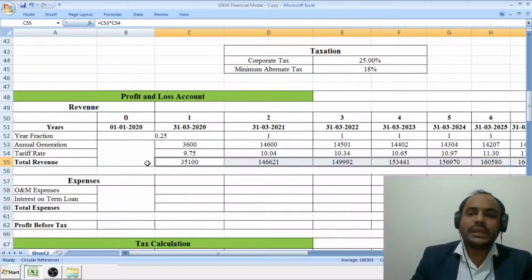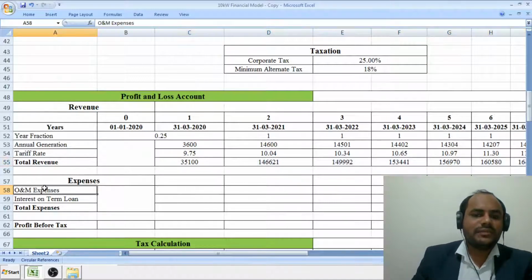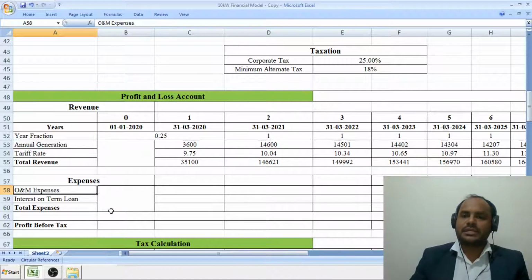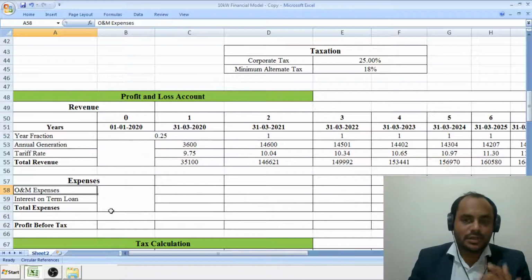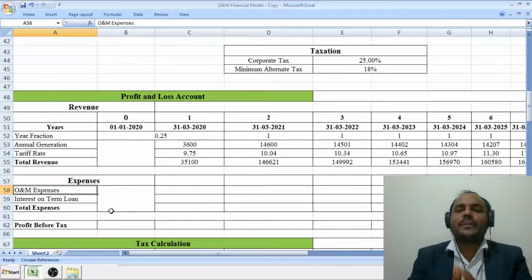Once we have calculated the revenue generation, we need to proceed to the expenses in the solar power system. Wherever any solar power developer is installing the solar power plant in the customer's rooftop area, it is the responsibility of the solar power developer to bear the operation and maintenance for 5 years, free of cost.